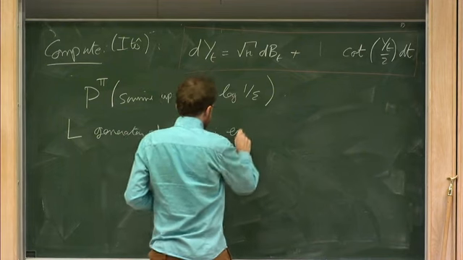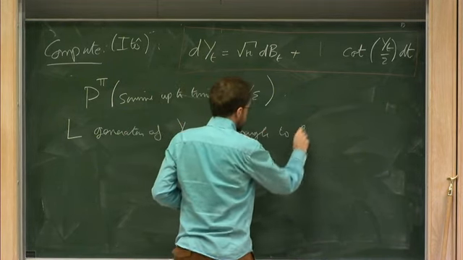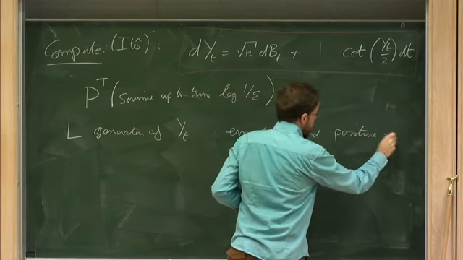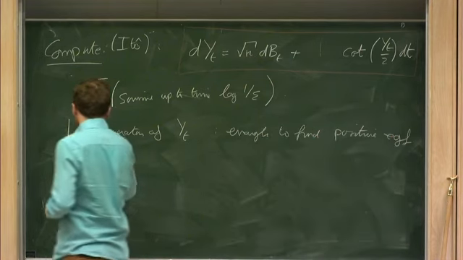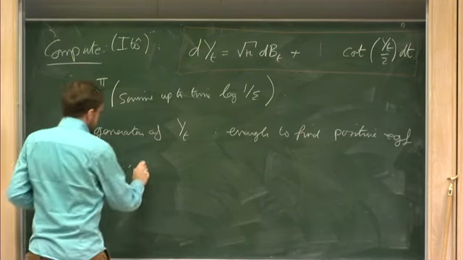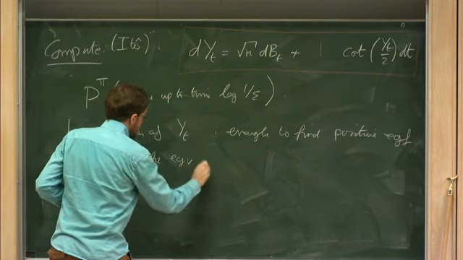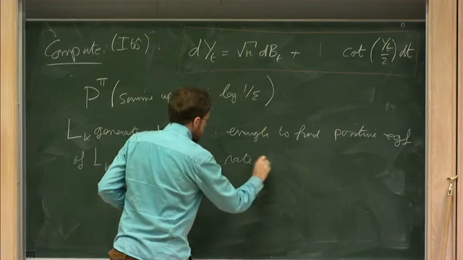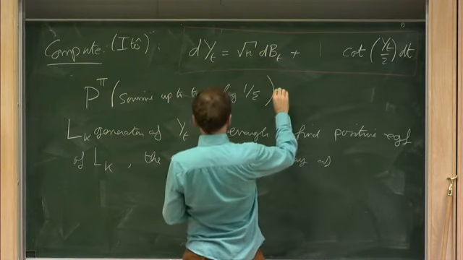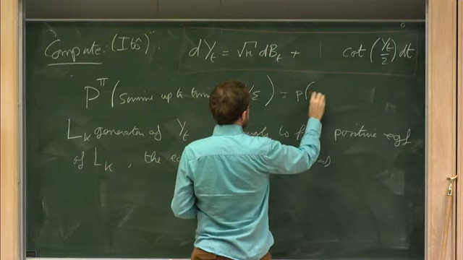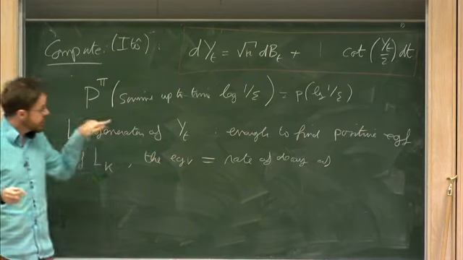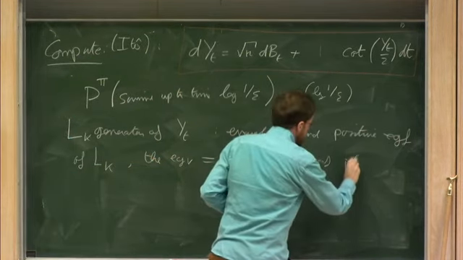So it will be enough to find a positive eigenfunction of L_kappa, and then the eigenvalue is the same as the rate of decay of this probability. So this, let's call it little p of log of 1 over epsilon. And this eigenvalue will be the rate of decay of p of t.